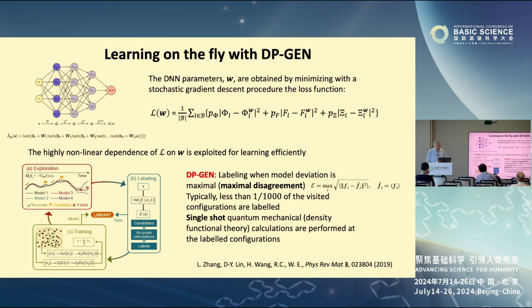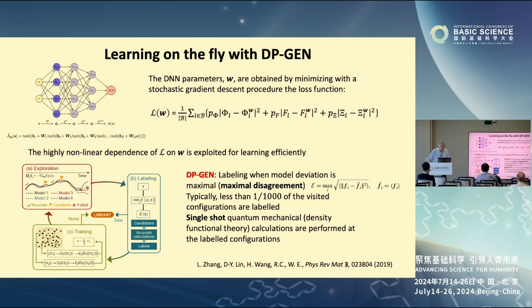The maximal disagreement is represented here by the maximum deviation within the ensemble of the square deviation of the forces, the maximum spread of the forces within the ensemble. So that does not require any quantum mechanical calculation. But when this condition of maximal disagreement is realized, then we have to acquire quantum mechanical calculation.